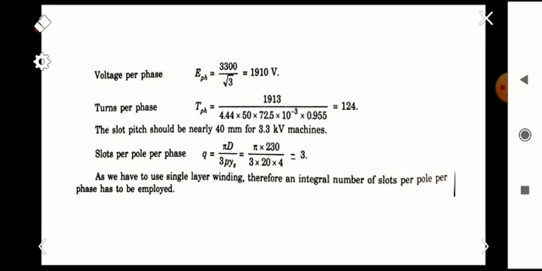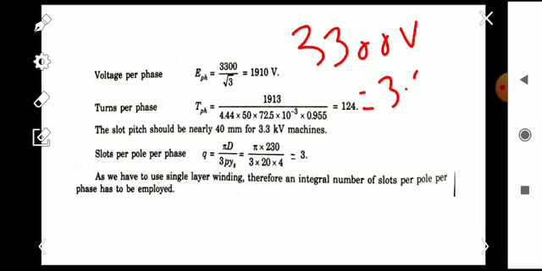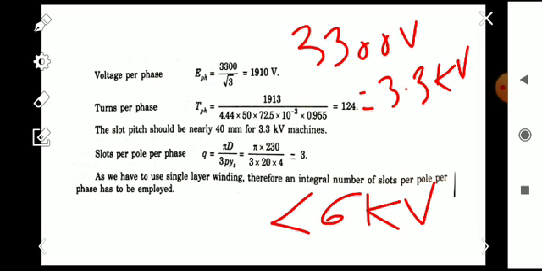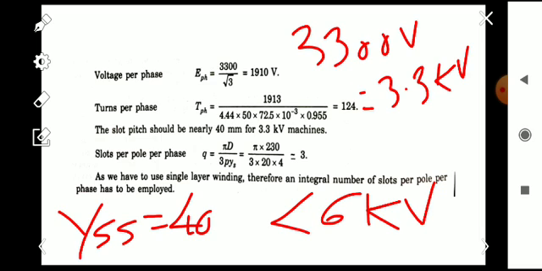Here the voltage rating is 3300 volt, so it is 3.3 kV, which is less than 6 kV. So for voltage up to 6 kV, the value of the stator slot pitch, that is YSS, is 40 mm.